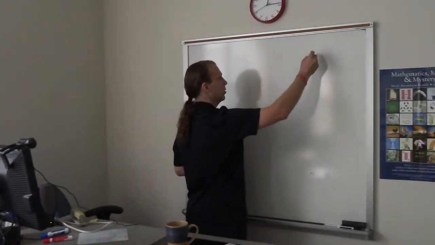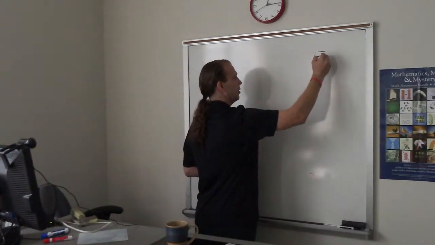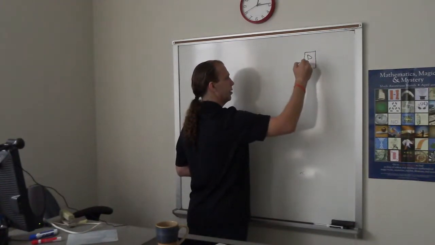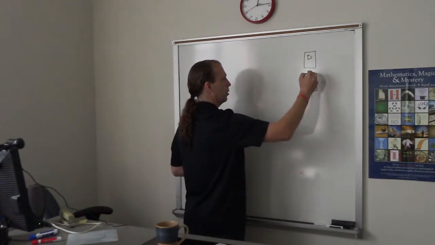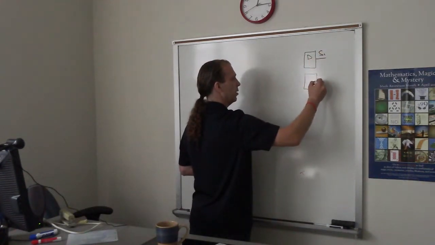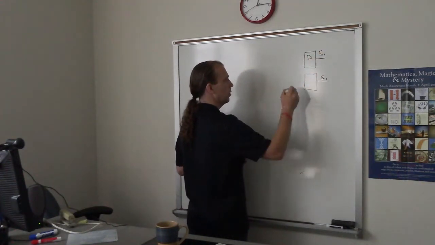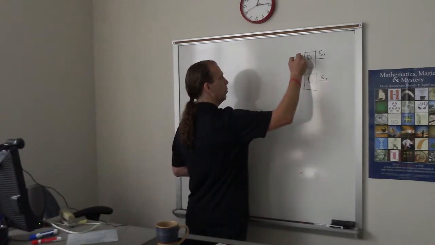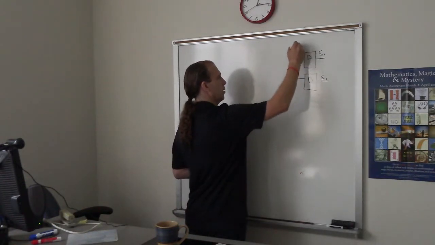Here again is the circuit. That was our two D triggers. Let me say the first one generates state S1. Both of them are fed with the clock signal.